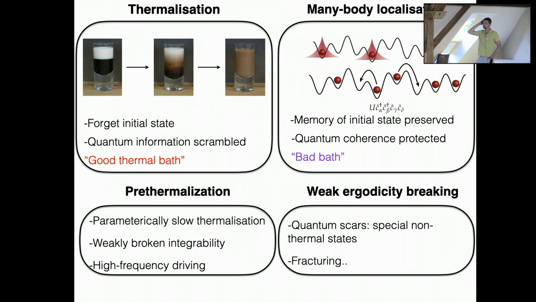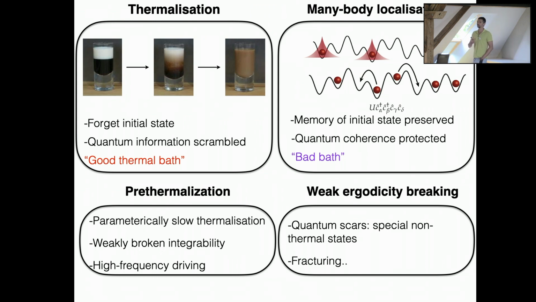Over the last several years, people have been studying the possibilities for highly non-equilibrium dynamics in many-body systems, and there are two main options. By far the most prevalent is thermalization: your system forgets initial states, there is scrambling of quantum information, and you say colloquially that this system is a good thermal bath for its subsystems.